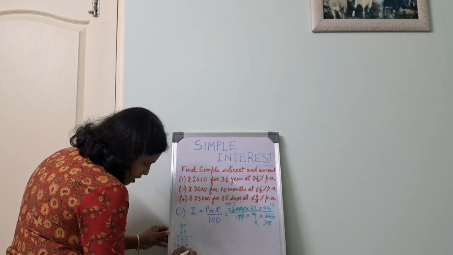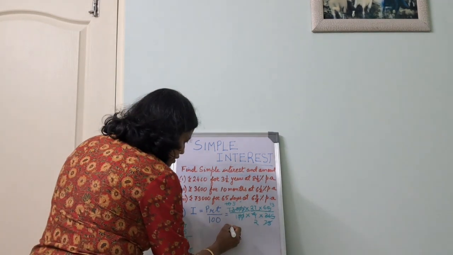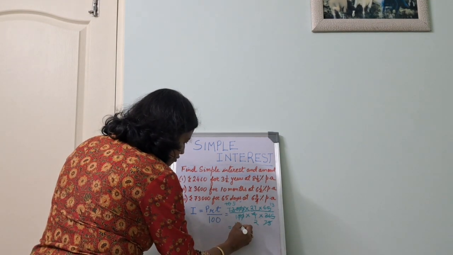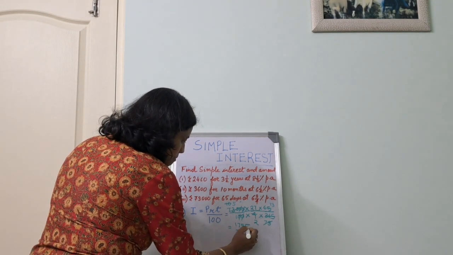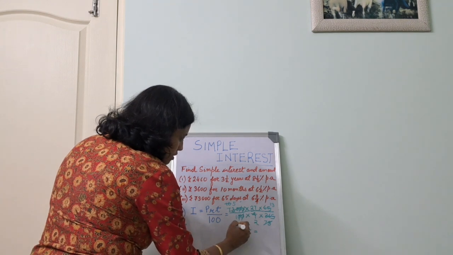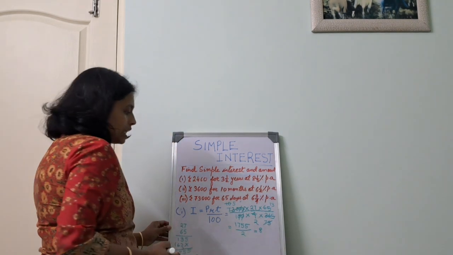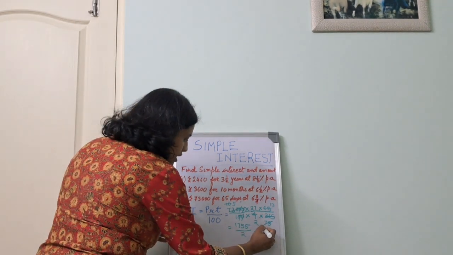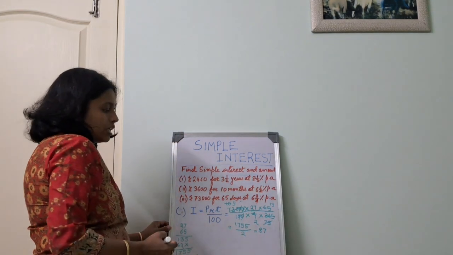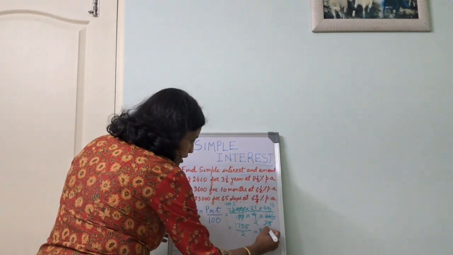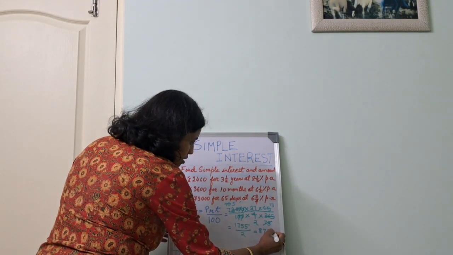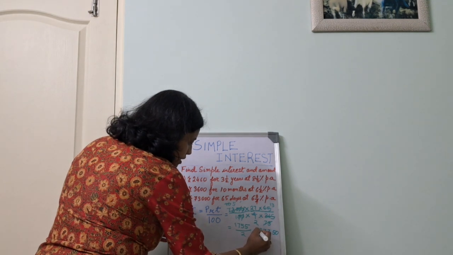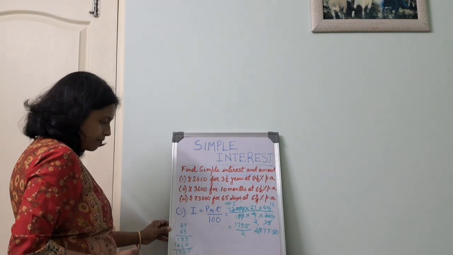So it is 5, 5, 7, 1. So it is 1755 by 2. So it goes 8 times 16, 1 and 5. 7 times 14, again 1 and 5. 7 times 0.50. So many rupees.